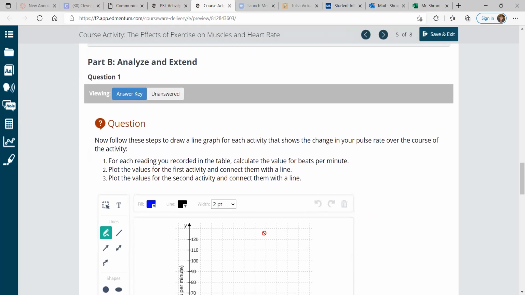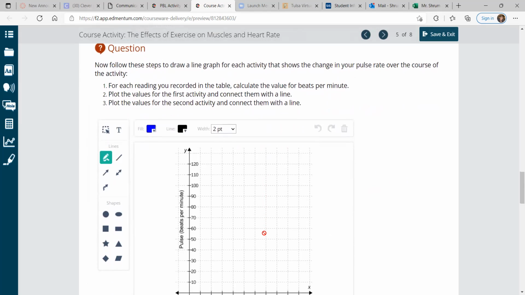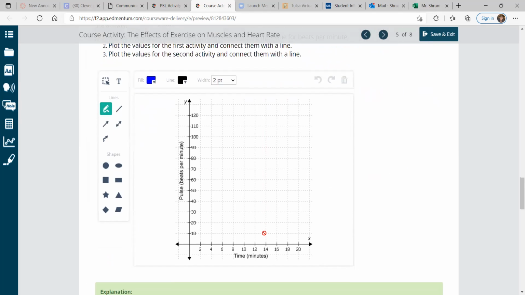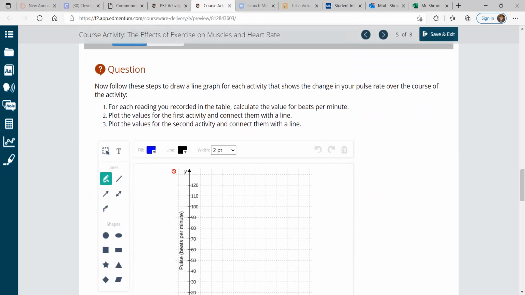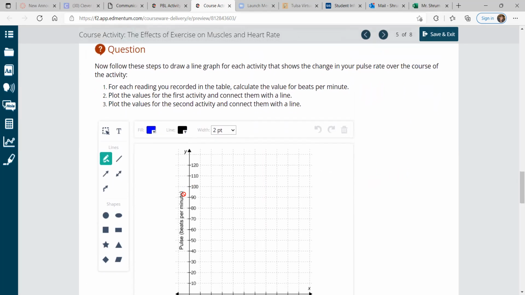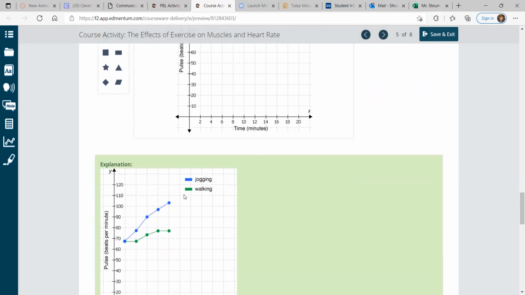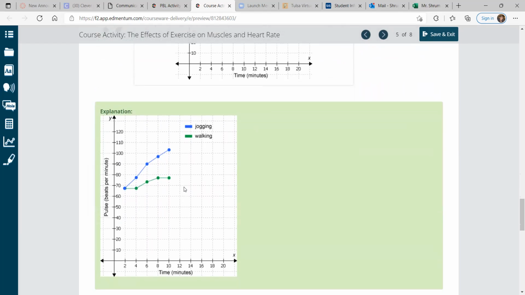Part B is after all that data collection phase, and you want to put those numbers into this graph. In this explanation, you see the pulse, the beats per minute, versus time.